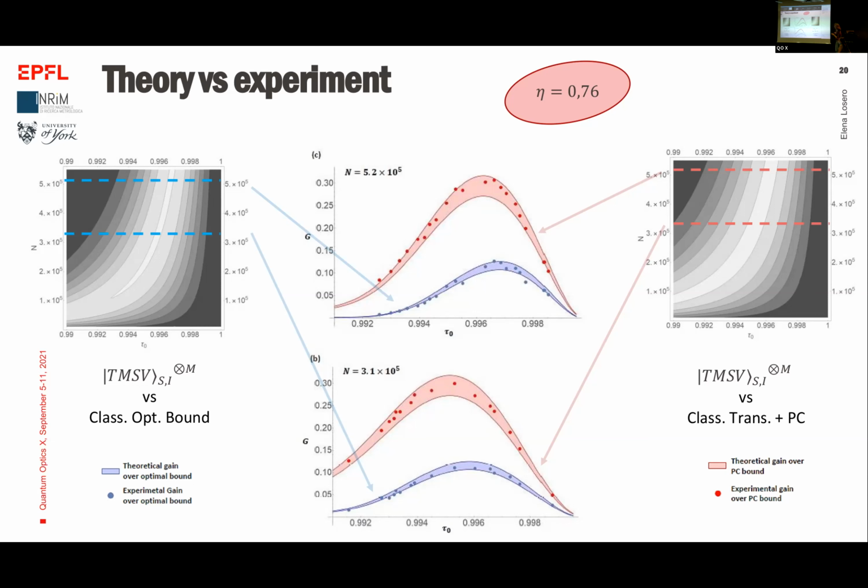So what we have is that increasing the number of photons, the maximum gain moves toward greater tau zero.